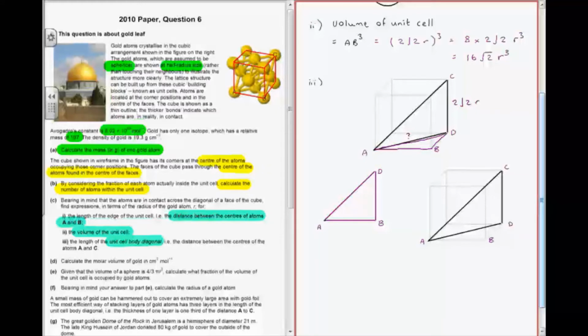So looking now, the distance AB is 2 root 2r, the distance BD is 2 root 2r, and so we can say that the distance AD squared is equal to 2 lots of the distance 2 root 2r squared.